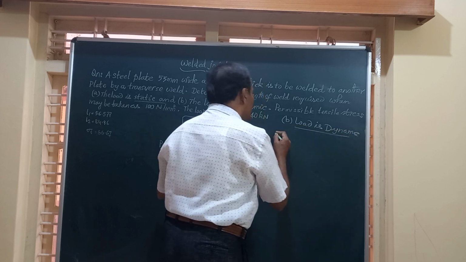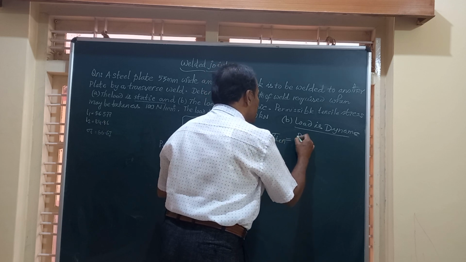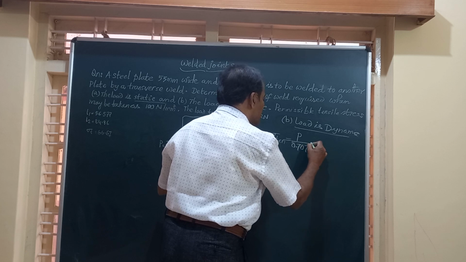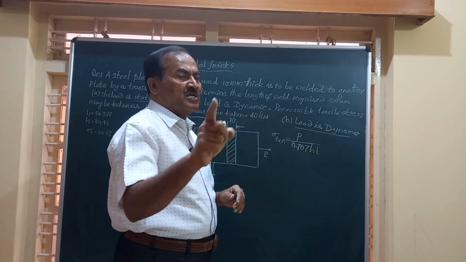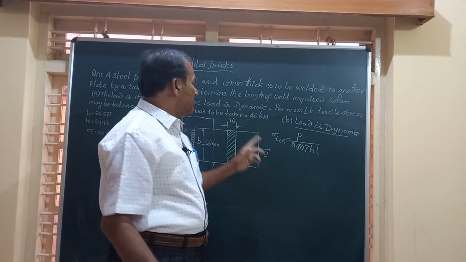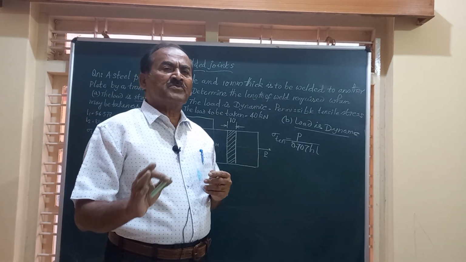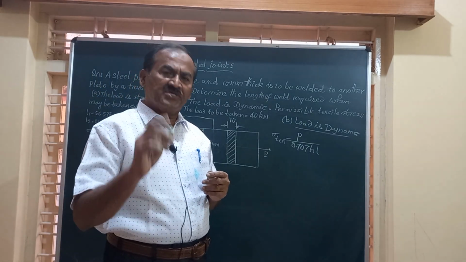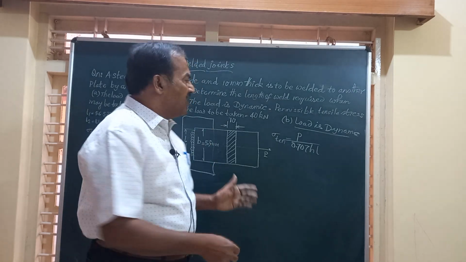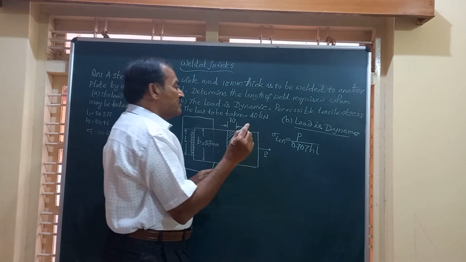Sigma tensile is equal to P divided by 0.707 H into L. But there is a small change, that is, here this sigma tensile, whatever the value you have got, that is to be divided by a fatigue stress concentration factor, which is obtained from machine design data handbook, and for a normal weld or a transverse weld, that factor is 1.5.